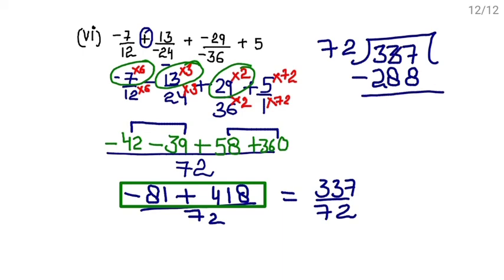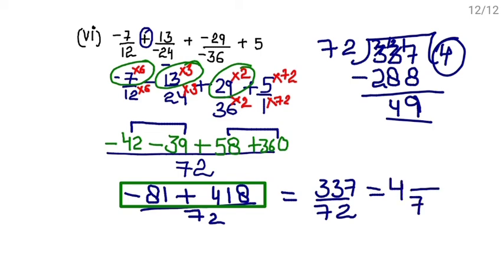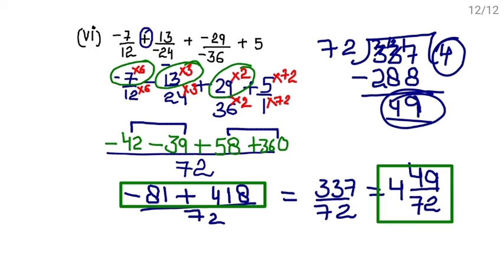Subtract it, take borrow: 17 minus 8 is 9, 12 minus 8 is 4, and 2 minus 2 is 0. So write this quotient 4 as the whole number. Denominator will remain the same and this remainder will be the numerator. So what is your answer? Your answer is 4 whole 49 upon 72.